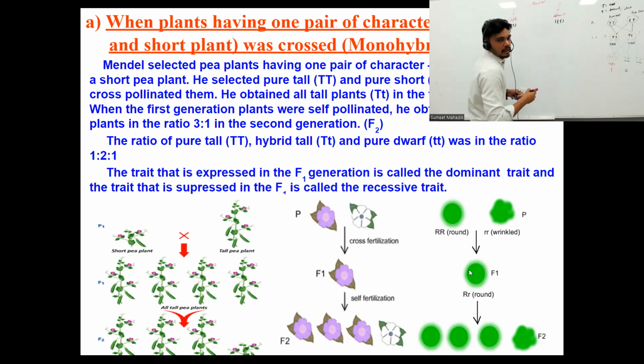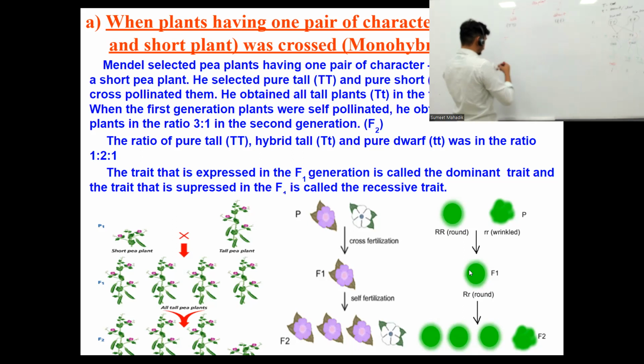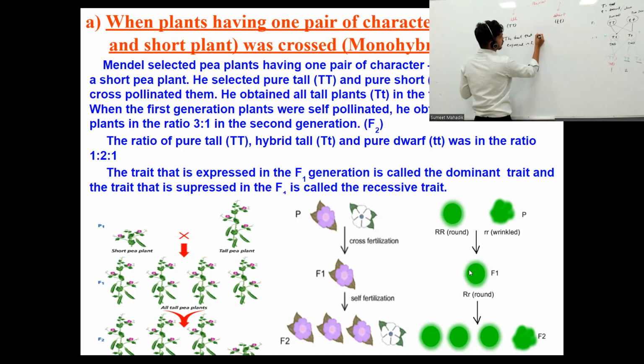Please write this. The trait that is expressed in the F1 generation is called dominant. And the trait that is not expressed in the F1 generation is called recessive.